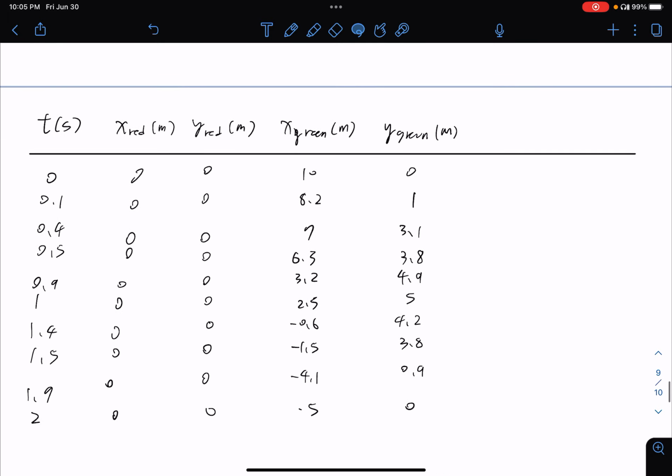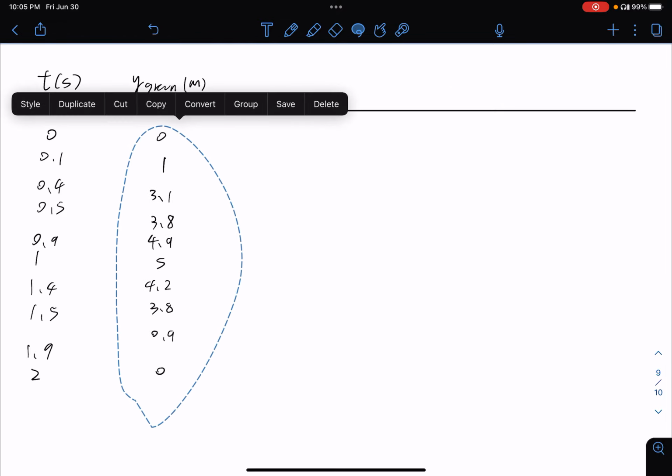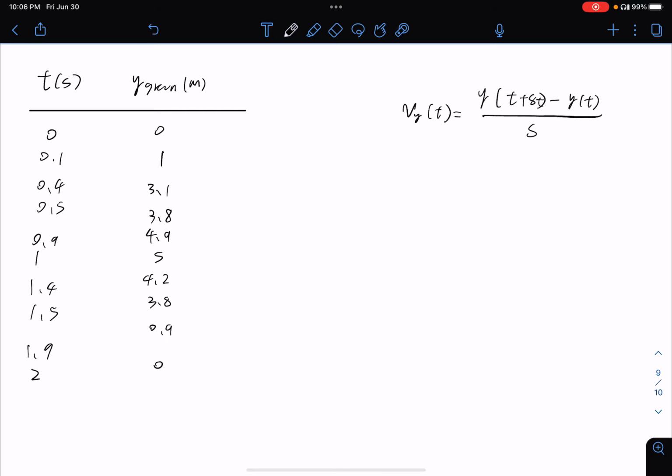We just want the y position of the green dot. Okay. Now, I want to compute the y velocity, which is the y position at some later time minus the y position at original time, divided by delta t.